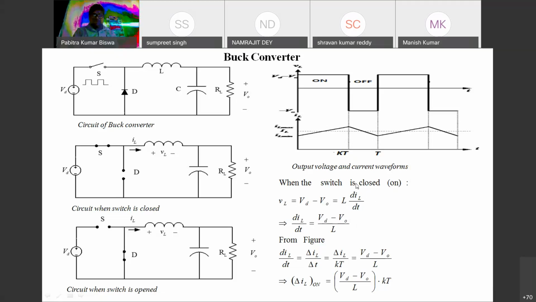From here, dIL equals (Vd minus V0) by L. So del IL by del t equals (Vd minus V0) by L, and del IL equals (Vd minus V0) by L times del t.